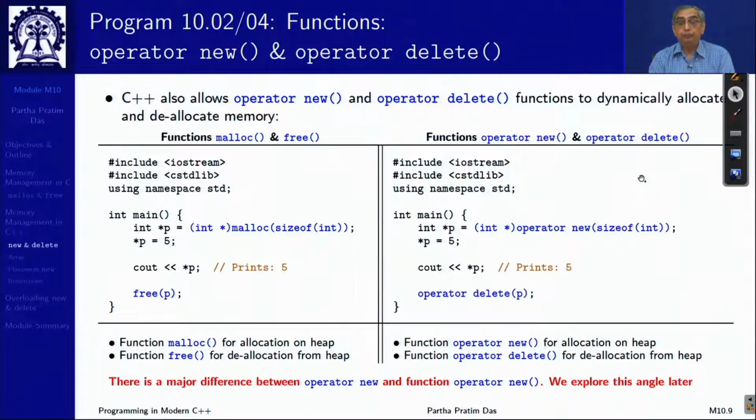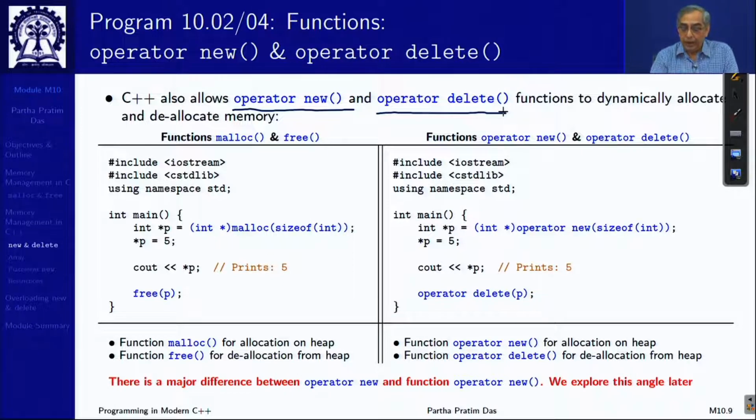Okay. So, having said that, let me introduce you to something interesting as well as a little confusing. Do not get confused, I am telling you, please do not. C++ also has two functions called operator new and operator delete. Very confusing, right? When you say new, it is an operator. When you say operator new, it is a function.